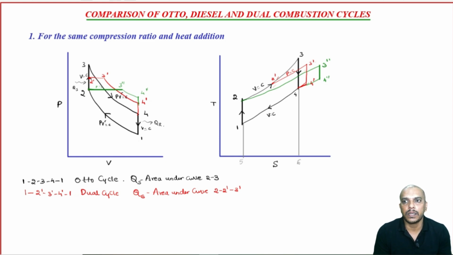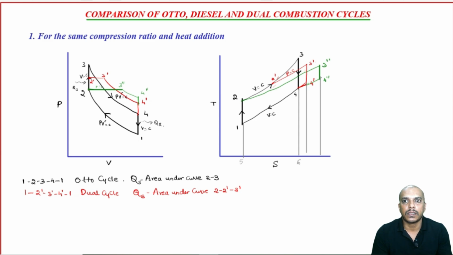We are trying to make heat addition the same, as well as the compression ratio we have maintained the same, which can be seen in the PV plot. Heat addition remains the same, which can be seen in the TS plot. Now, just for comparison's sake, I will draw these lines. Those lines are a representation of heat rejection. I will talk about that now.